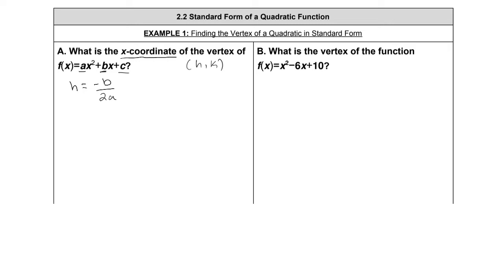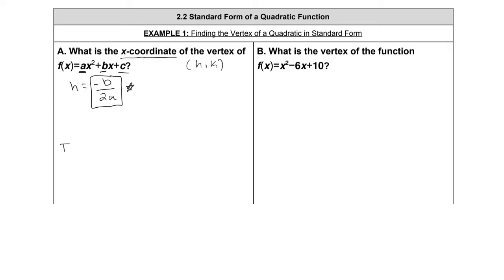If it's negative, make it positive. And then divide it by 2 times your coefficient of x squared, which is a. So this is your formula to find h, or your x coordinate of the vertex. Important, you're going to use this a lot in this section. So opposite of b over 2a to find your x coordinate.